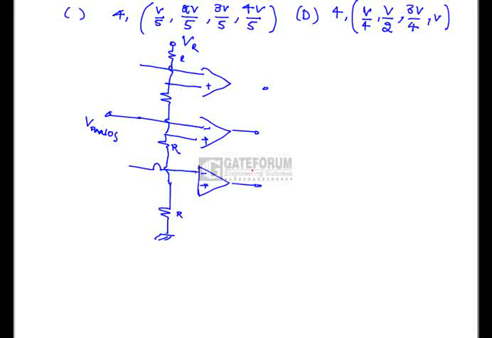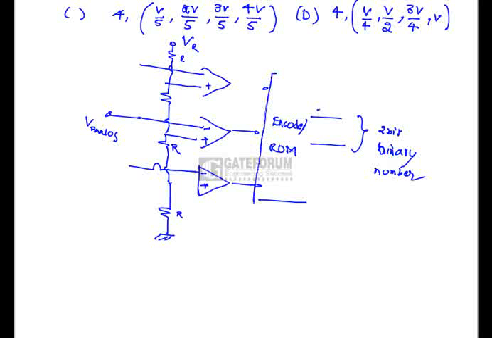If this is the circuit, by using some kind of encoder, or some kind of a ROM, we can produce the output as a 2-bit binary number.